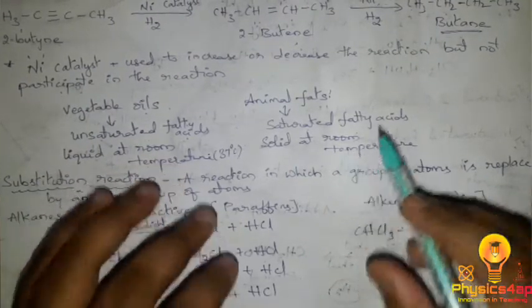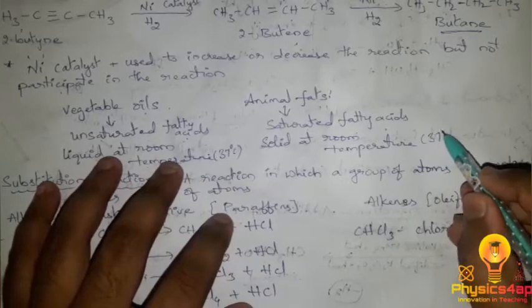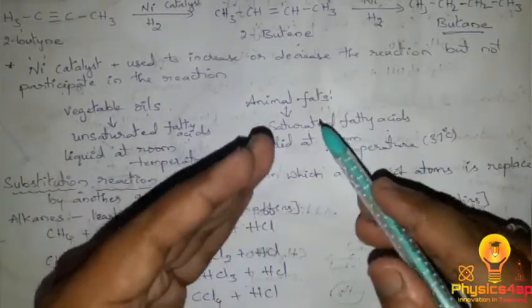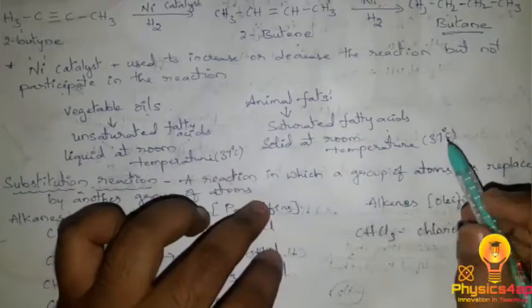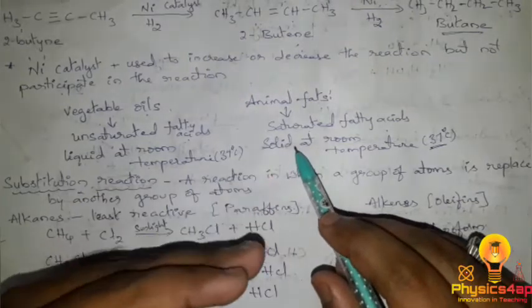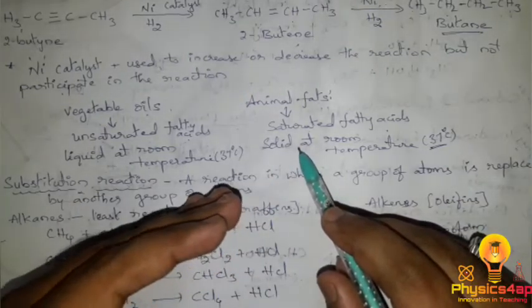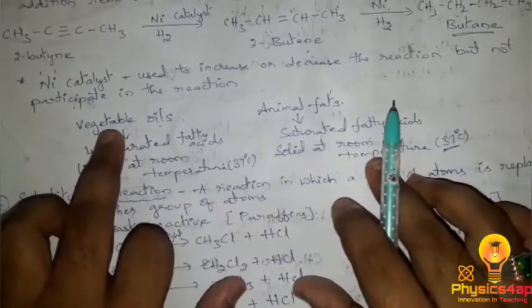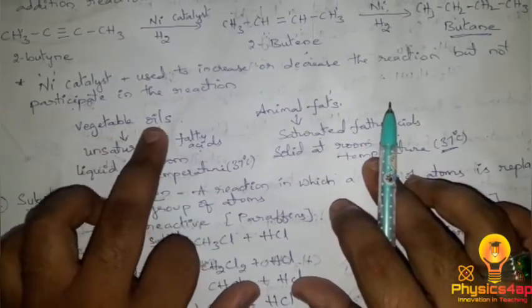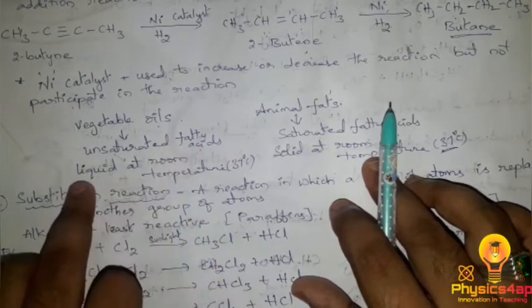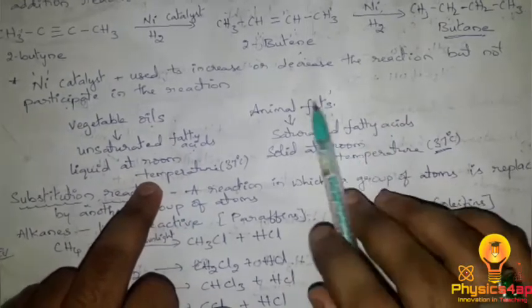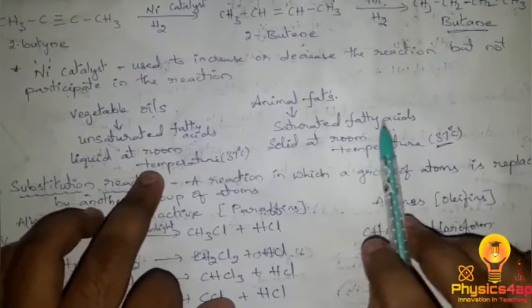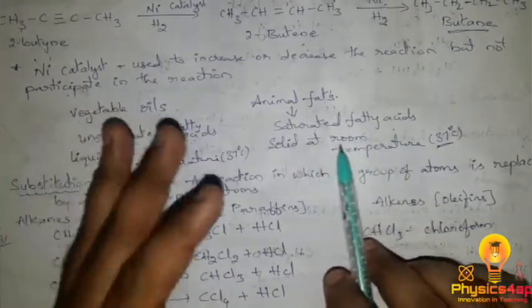That is why, as our human body temperature is also 37 degrees centigrade, the animal fat which enters into our body becomes solid. That means it takes more time to get digested, and it is also not good for our health. That is why we use vegetable oils, which are unsaturated fatty acids and liquid at room temperature, while animal fats are saturated fatty acids and solids at room temperature.